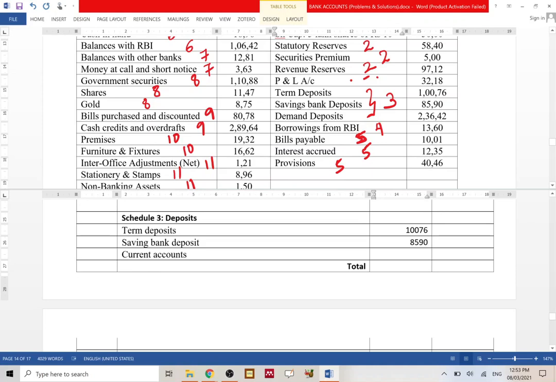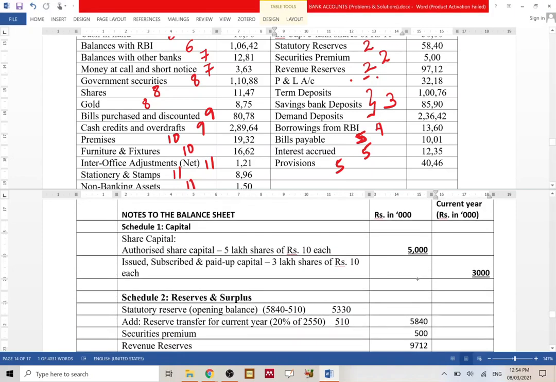And finally demand deposits, are given as 23,642. Okay. Final total, outer column, 42,308. Okay, 42,308 is the total of your schedule 3, that is the deposits.